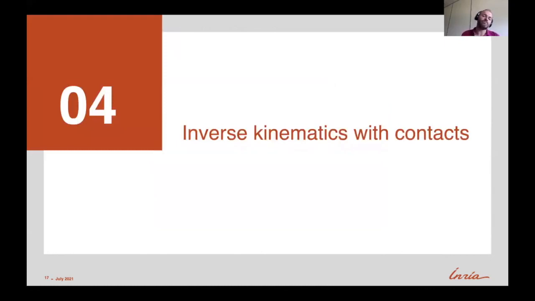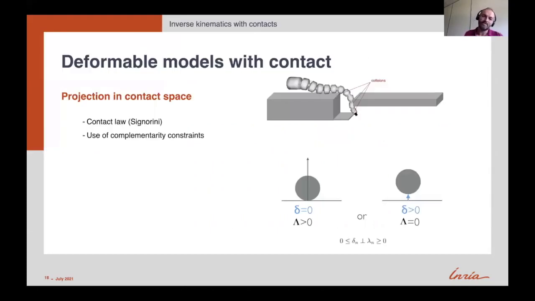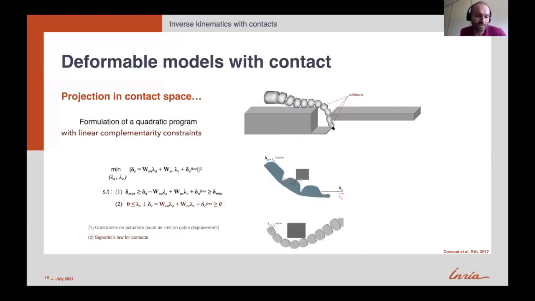The problem is that here we want the robot to go into contact with an object. And so you have first to solve the problem of contact, of collision. When you have collision, you have basically linear complementarity constraints in your minimization problem. So it means that a contact can be active or not.